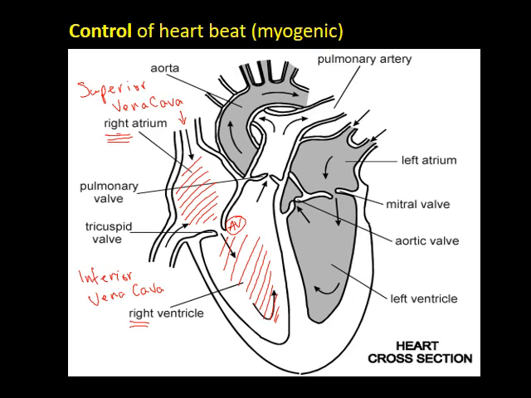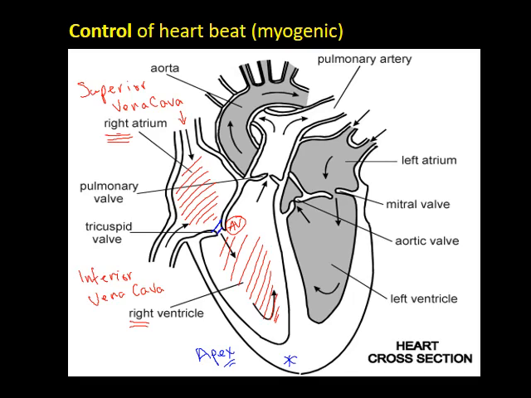We know the right ventricle and also the left ventricle at the same time contract from the apex upwards. So it's an upwards contraction through the walls of the ventricles. Now as soon as the ventricles start to contract from the bottom upwards, the AV valve that separates the atrium with the ventricle closes.